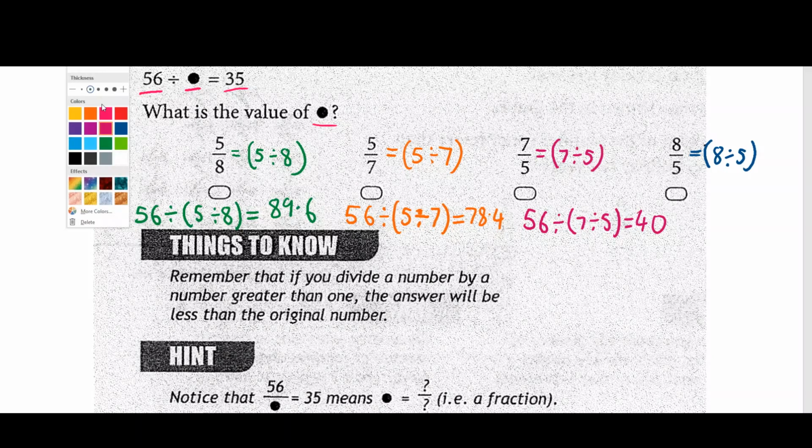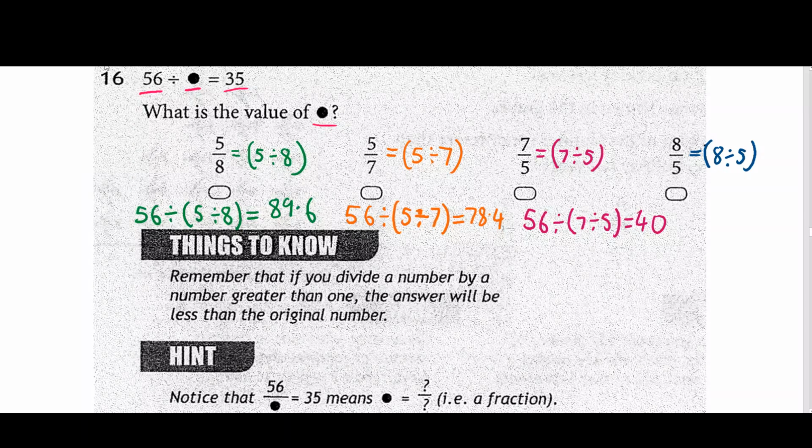So, using deduction here, it must be the last one, but let's check it. I'll do it down here: 56 divided by 8 divided by 5 gives us 35.